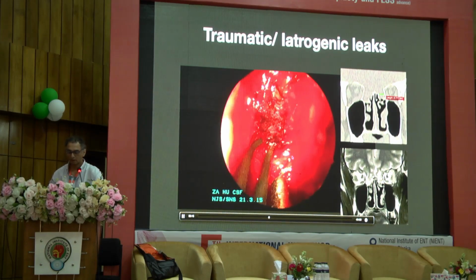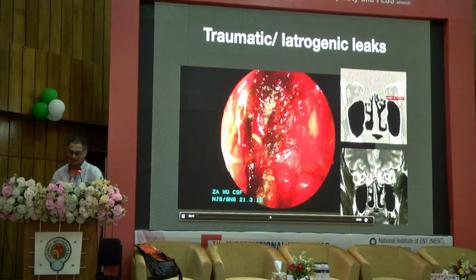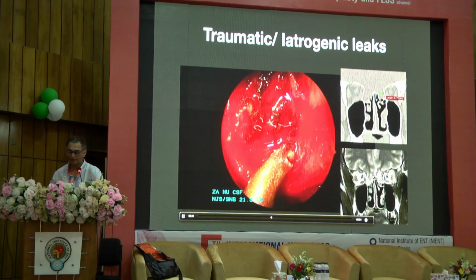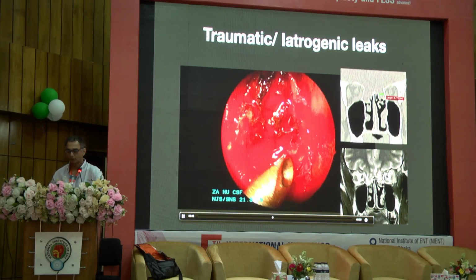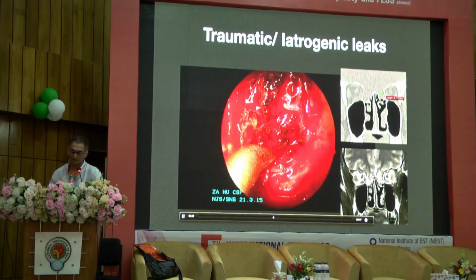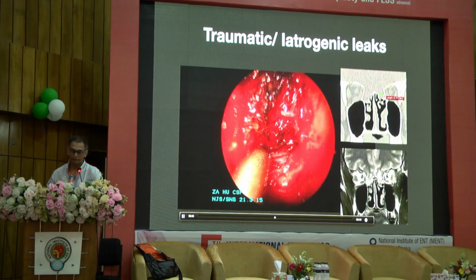So once I've got towards that, I can try and then establish the bony edges. So we get the posterior bony edge, and we get all the bony edges. We take all the mucosa off from the lamina posteriorly and anteriorly, so that we have a bed for my flap or fascia to sit.